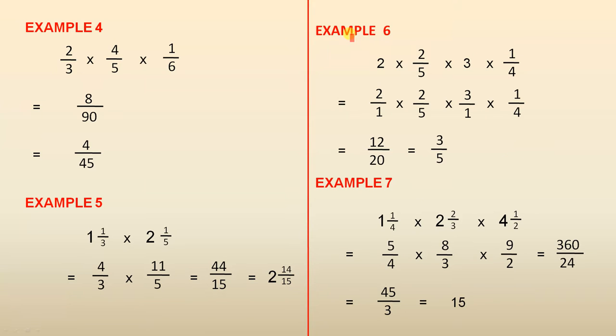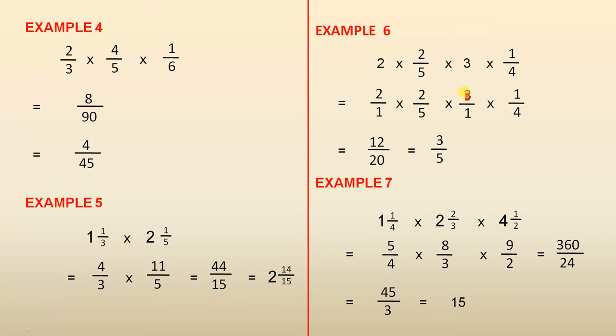Example 6, we're multiplying those four numbers together. There are some whole numbers here and some fractions. Change the 2 to 2 over 1, change the 3 to 3 over 1, so you have numerators all along and denominators all along.